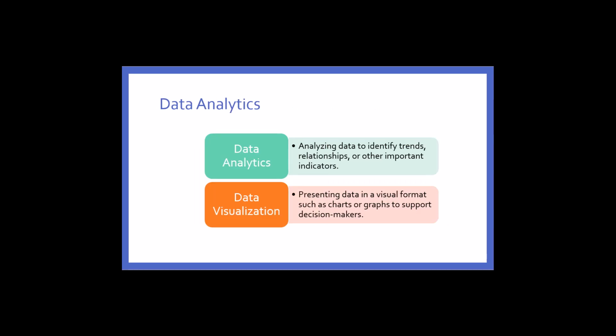So let's talk real quick about data analytics. And this is something that again, we'll focus on more in some future videos, but this is something that we hear a lot about today. Okay, data analytics. This is about analyzing data to identify trends, relationships, and indicators that can help people make better decisions.